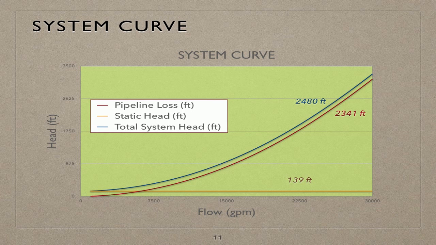As an example, in our system, we need a pump that will output 2480 foot of head at roughly 26,000 gallon per minute.